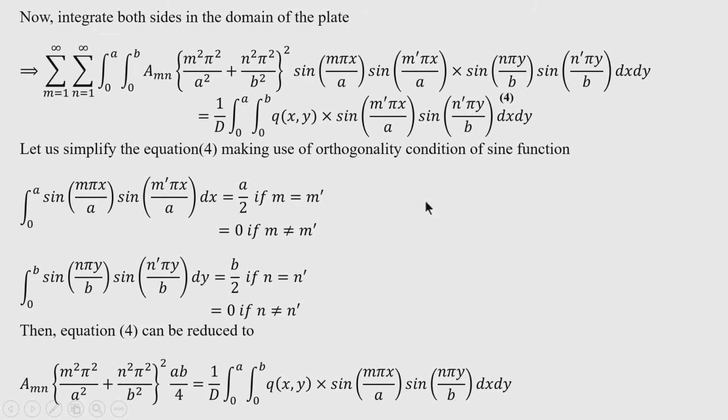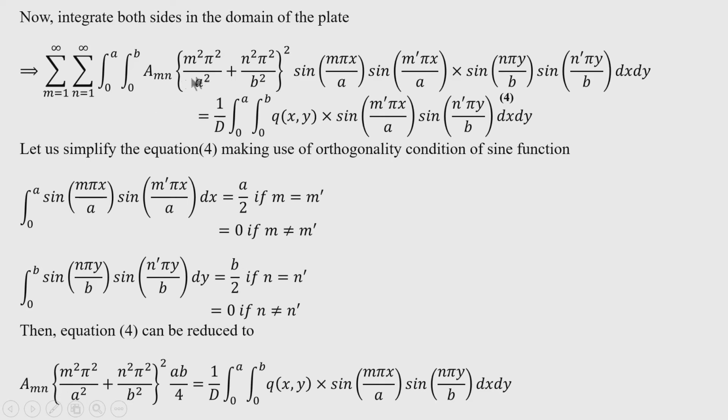Ultimately we will be left only with the term to be integrated, sin square m pi x by a dx into sin square n pi y by b dy, with limits 0 to b. So, two integrations are needed here for m equal to m dash and n equal to n dash, and the result will be a by 2 into b by 2.